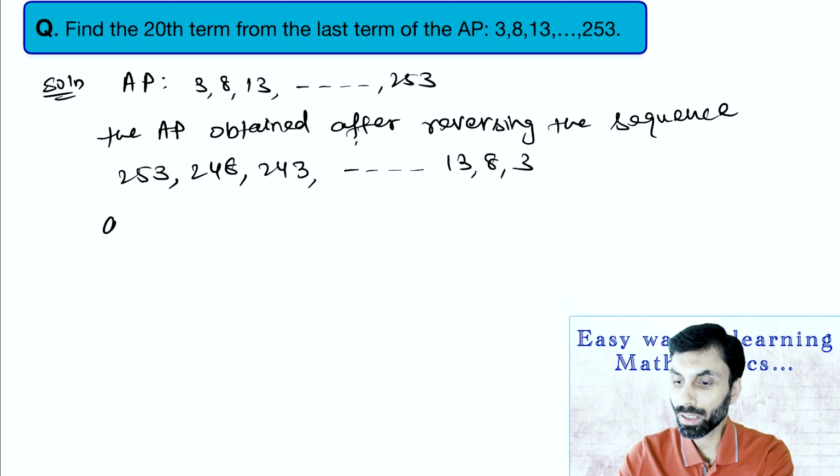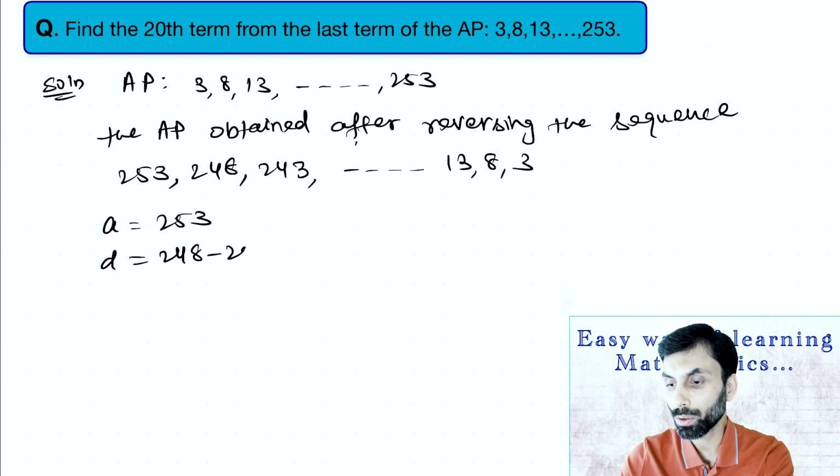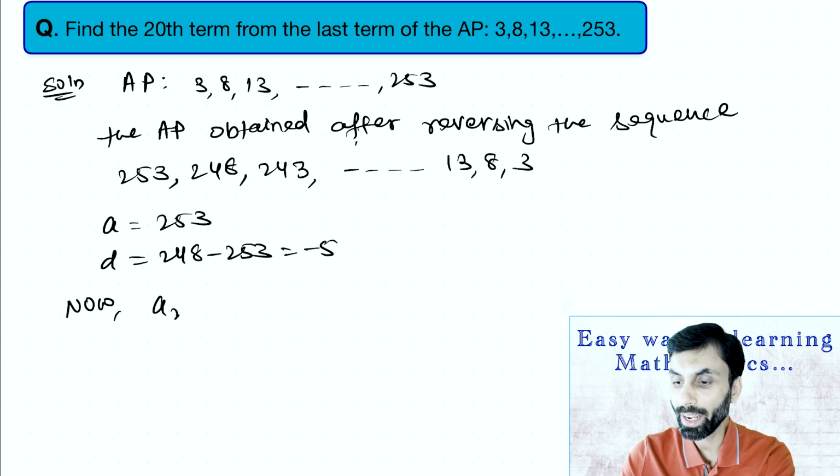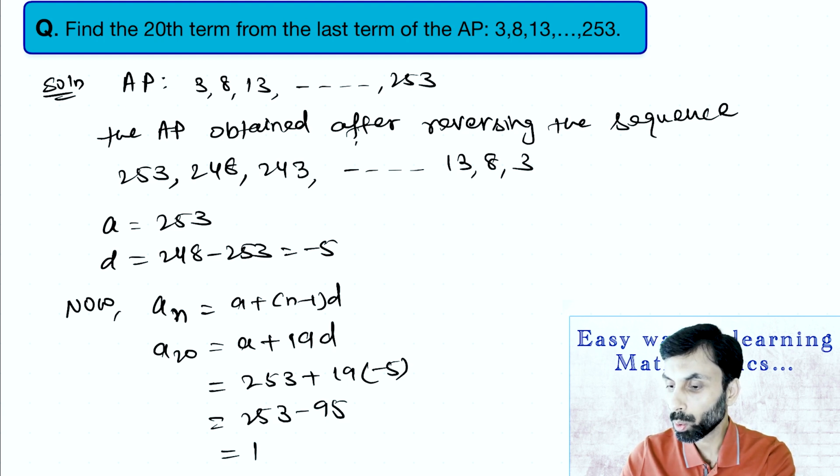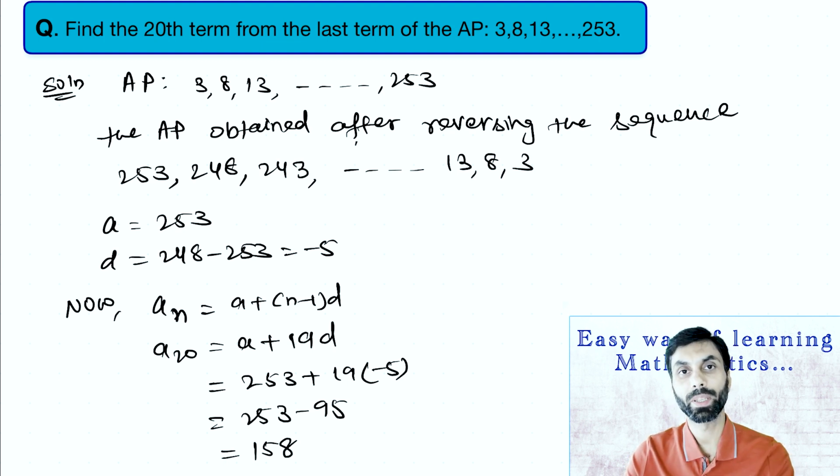Now here the first term will become 253. Common difference will be 248 minus 253, that will be minus 5. And now we can find the 20th term. We know that an is a plus (n minus 1) into d. So the 20th term will be a plus 19 into d, and a is given 253 plus 19 into minus 5, which will be 253 minus 95, that will be equal to 158, and that will be the answer.